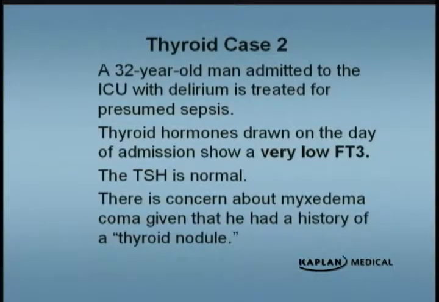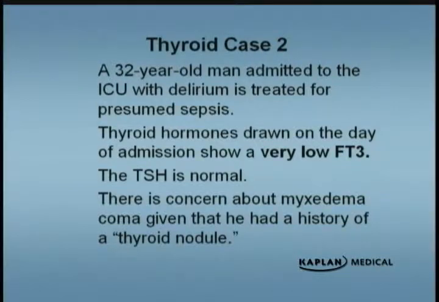The next case, a 32-year-old man is admitted to the ICU, to the intensive care unit with delirium, is treated for presumed sepsis. Thyroid hormones drawn on the day of admission show a very low free T3. The TSH is normal. There is concern about myxedema coma given that he had a history of a thyroid nodule.